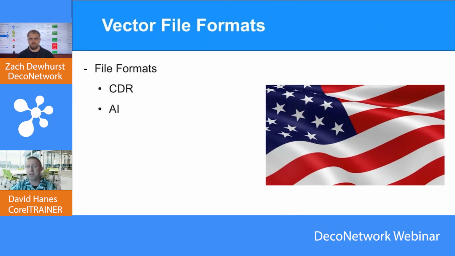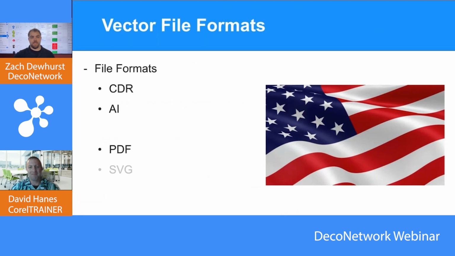We could spend a lot more time on that one, but they are each very unique to their own software. And so you have those native files, which don't guarantee that it's a vector format, because you could be in the middle of creating that vector, but it's that native.